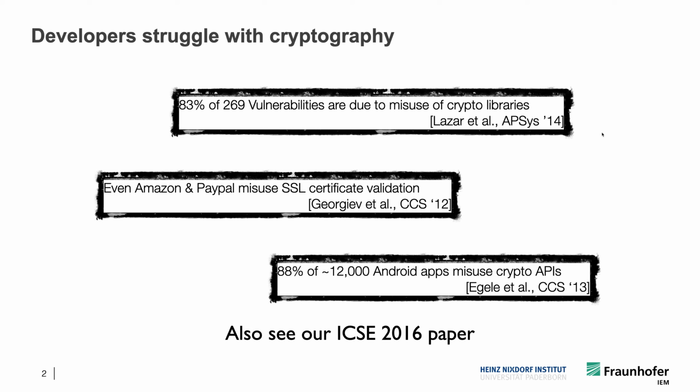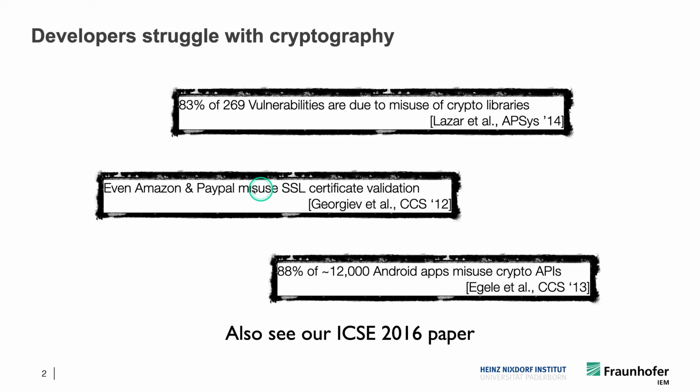So in this study, for instance, researchers showed that about 83% of a number of vulnerabilities that they found with respect to cryptography in general was actually about misuses of crypto libraries. So that means in most cases, when people have vulnerabilities with respect to crypto, it's not that the crypto algorithm or so is broken, it's actually that people misuse it.